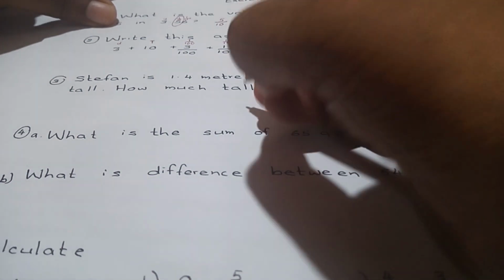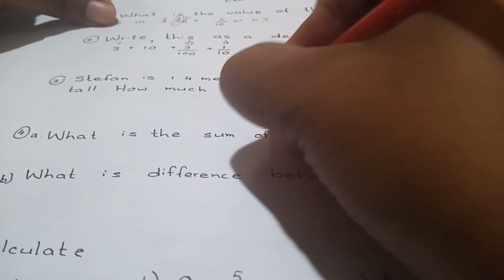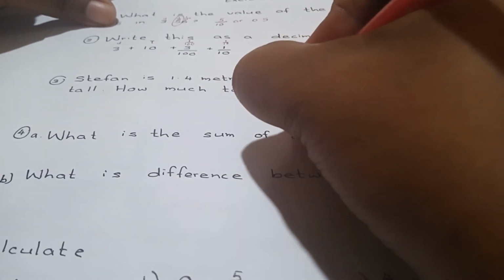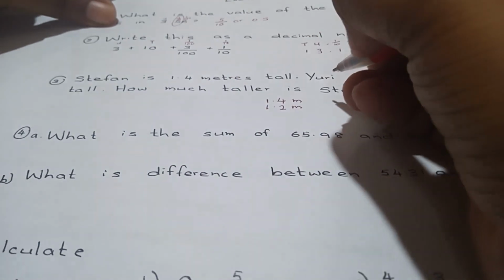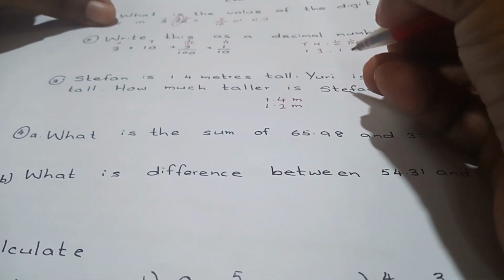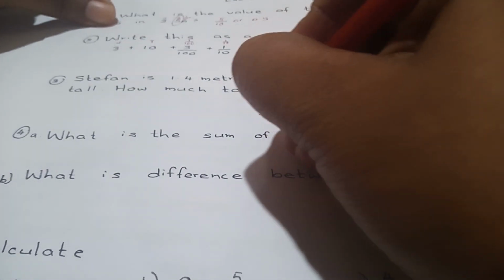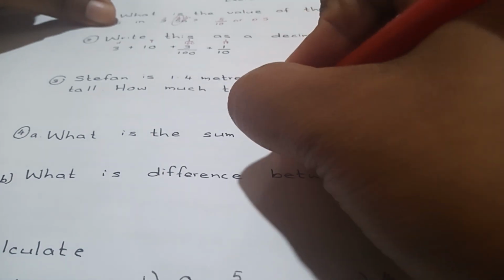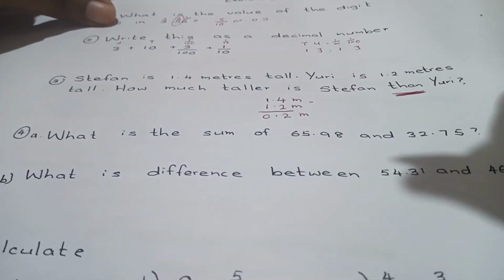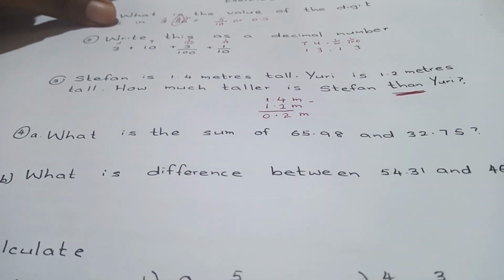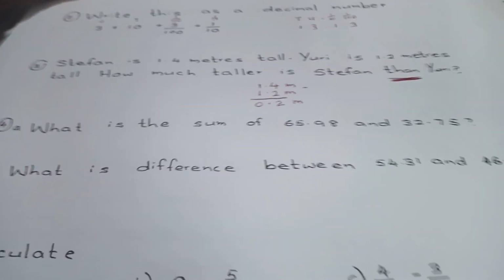Stefan is 1.4 meters tall, Yuri is 1.2 meters tall. Subtract: 4 subtract 2, 2. So the difference is 0.2 meters.